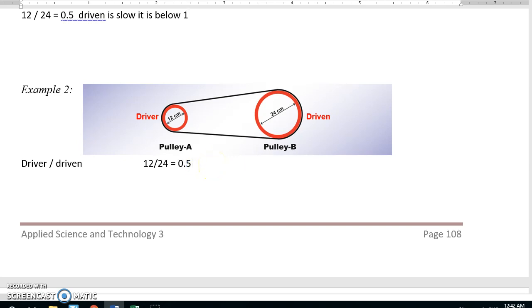Say I would switch over the two gears: the driven becomes the driver and the driver becomes the driven. Just flip it over. Now we would get 24 divided by 12, which equals 2. That means that the driven would be 2 times faster than the driver.